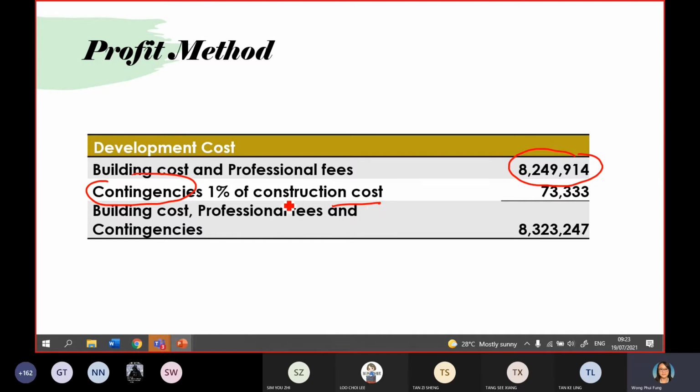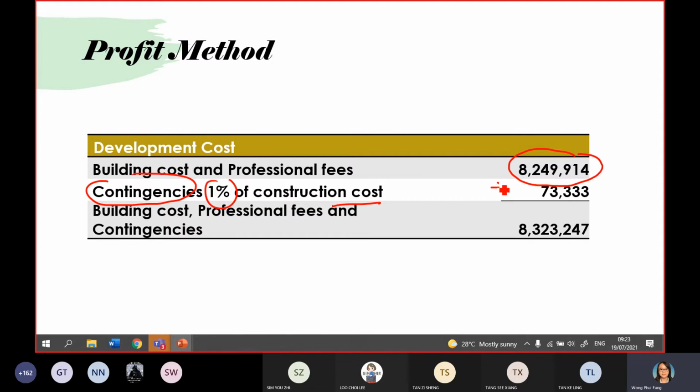So that's why sometimes the QS will allocate a contingency fee to cover unforeseen events in the future. This is due to the fact that information is very limited at the beginning stage. So to avoid cost overrun in the future, they will allocate a contingency fee. Say for example, you can assume 5% or 1% of the construction cost.